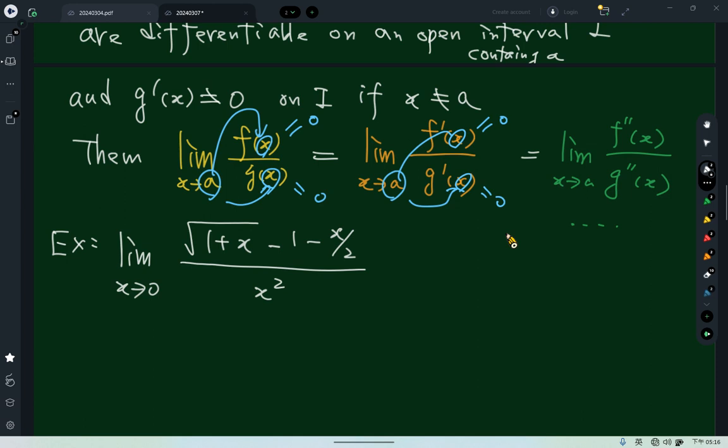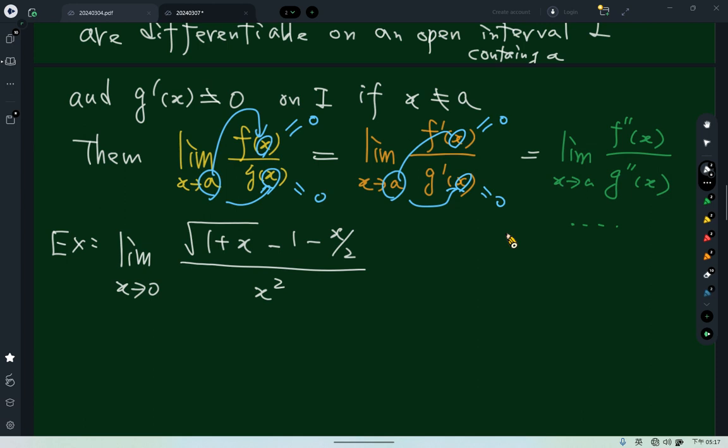The square root gives 1, then minus 1, then minus 0. So 1 minus 1 is 0, and 0 minus 0 is 0. For the denominator, you have 0 squared. So you will find it becomes 0 over 0.